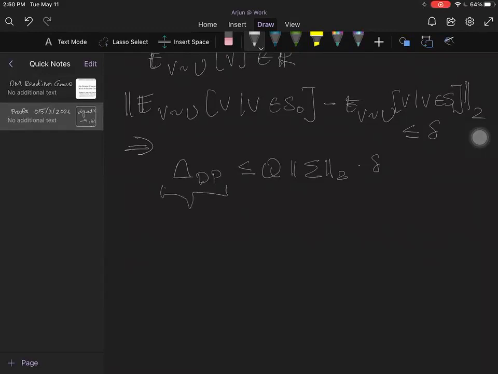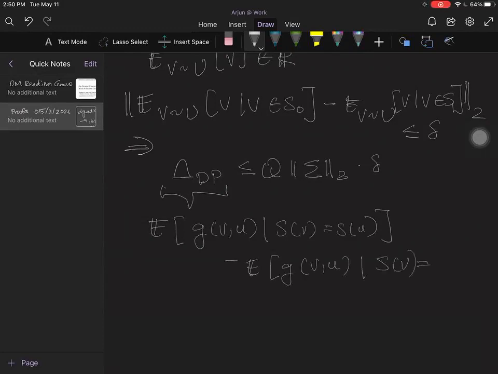So this demographic parity is going to be the expectation of G(V,U) given SV is equal to SU minus the expectation of G(V,U) given SV does not equal SU, and the absolute value of this.